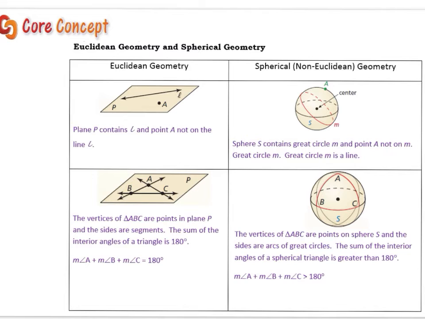The vertices of triangle ABC are points on sphere S, and the sides are arcs of great circles. The sum of the interior angles of a spherical triangle is greater than 180 degrees. So if I take the measure of angle A plus the measure of angle B plus the measure of angle C, that sum will be greater than 180 degrees.